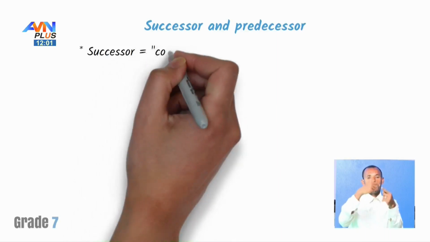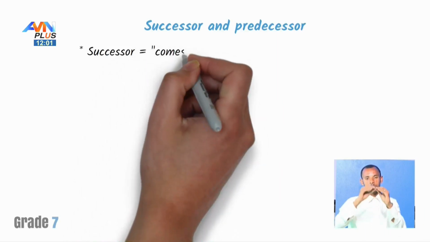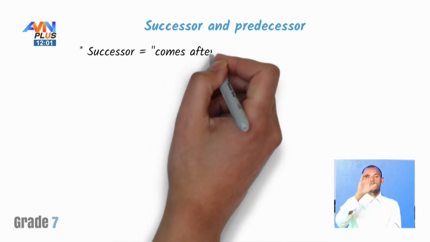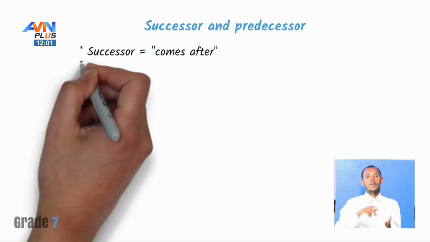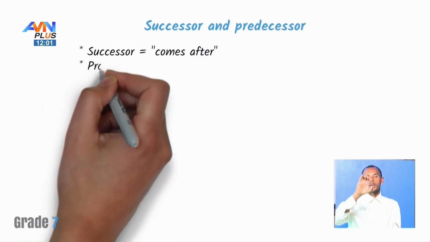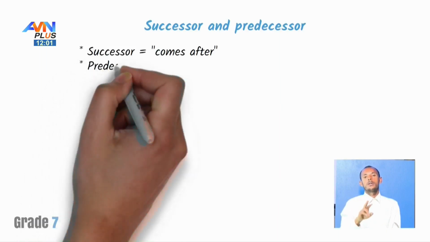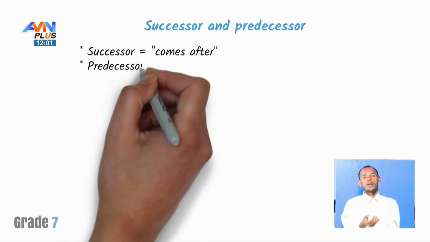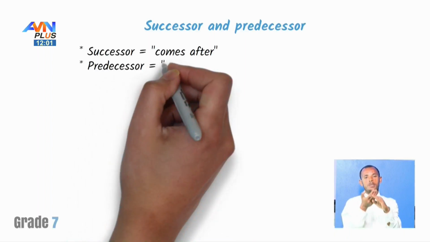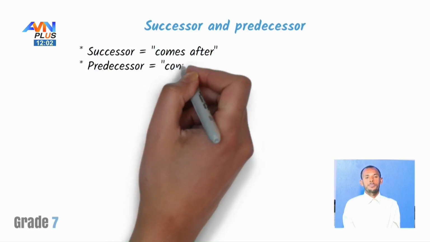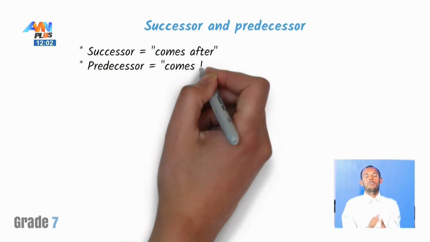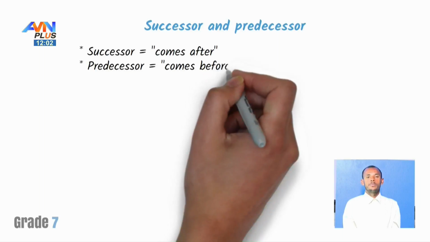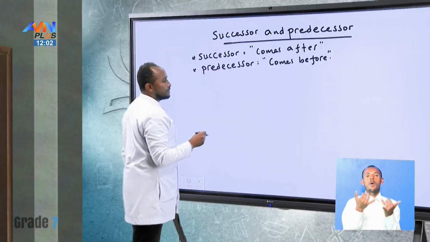Simply it is comes after. Successor means comes after, and predecessor means comes before. Predecessor means comes before. Now, let's see examples.